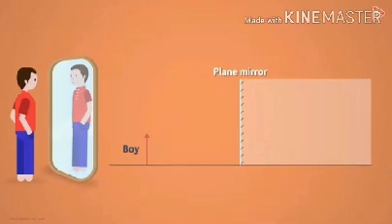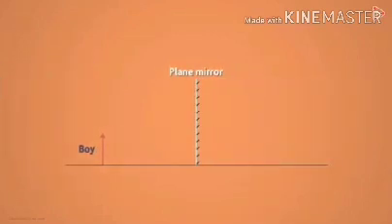All these rays are incident on the mirror and get reflected back. Yes, all the reflected rays will follow the laws of reflection of light. You see that all the reflected rays are moving away from each other. These reflected rays are diverging.